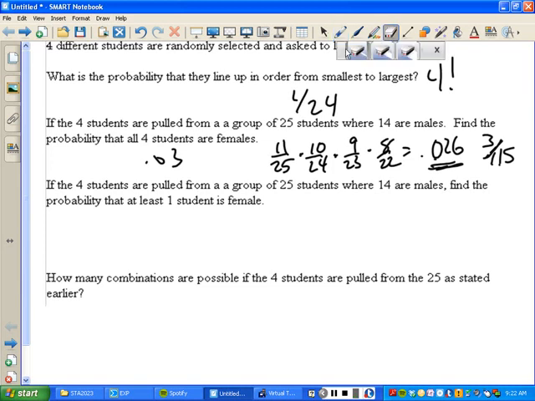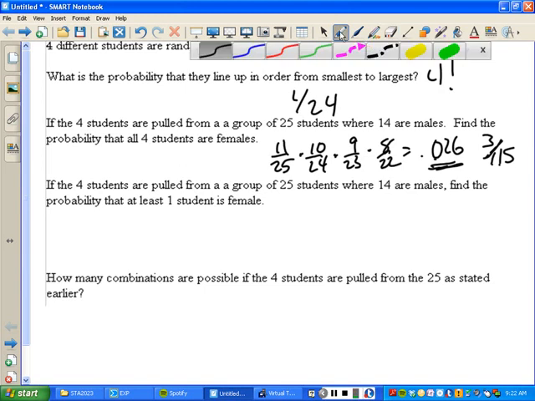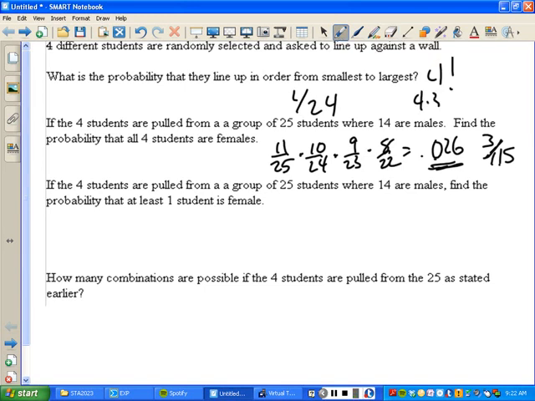On the first one, how did you get 24? 1 over 24. 4 factorial is 4 times 3 times 2 times 1. So that's a 1 in 24 chance that they line up in order from smallest to largest, or largest to smallest, or oldest to youngest. A lot of times I'll ask, what's the probability they line up in order from youngest to oldest?